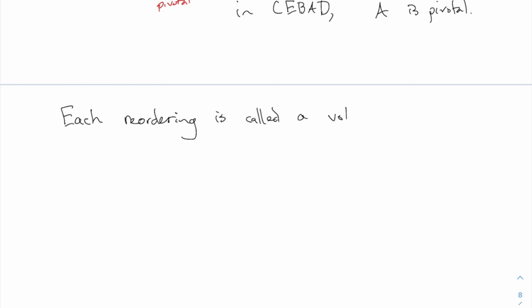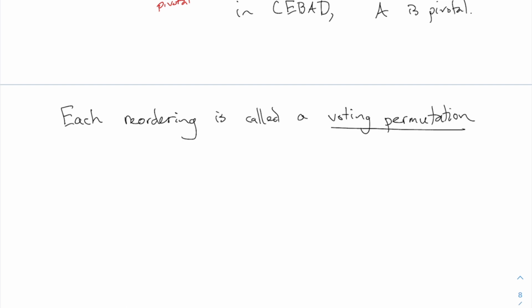That's a fancy word. Permutation is a mathematical word for a rearrangement or a reordering. So each reordering is called a voting permutation.